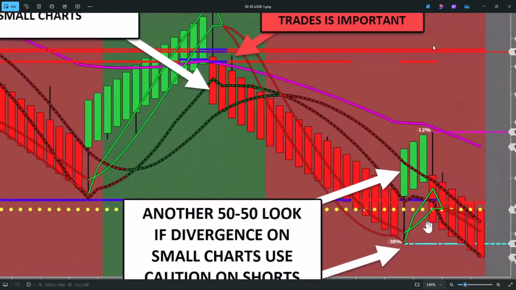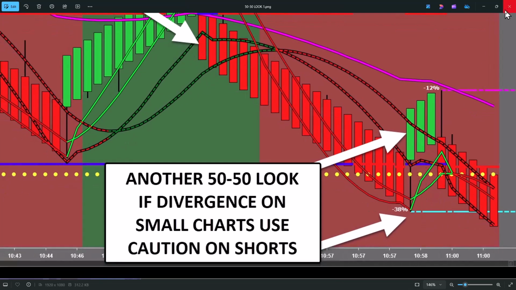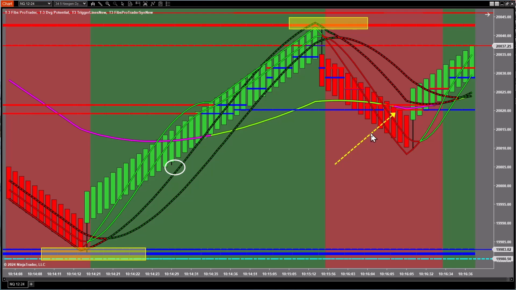And then ultimately, it's the same thing over here. We get a 50-50 look, and so look, this in the live market, or at least 3 minutes ago, was a 50-50 look. Everybody give me a yes or no, you understand this. 50-50 look, half the trigs above, half below.